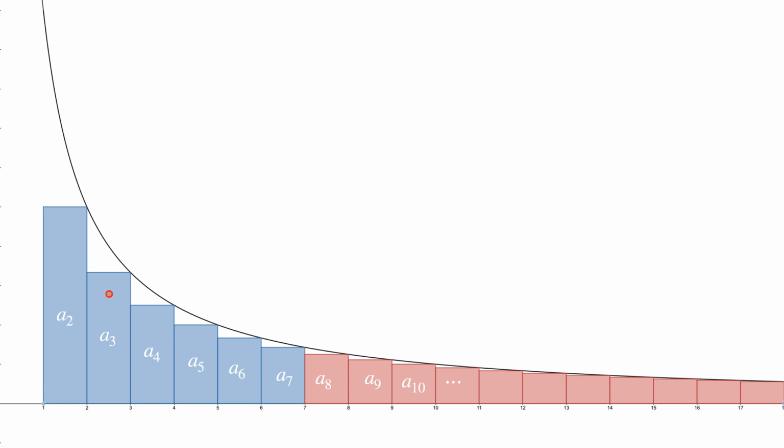If we turn things around, instead of taking left endpoints, but now use right endpoints to produce the heights of the rectangles, the rectangles would sit below the curve, meaning that this remainder will be of size smaller than the associated integral. And note where we're going to have to begin the integral if we want to consider R sub 7, that the associated definite integral would begin at that same index value.